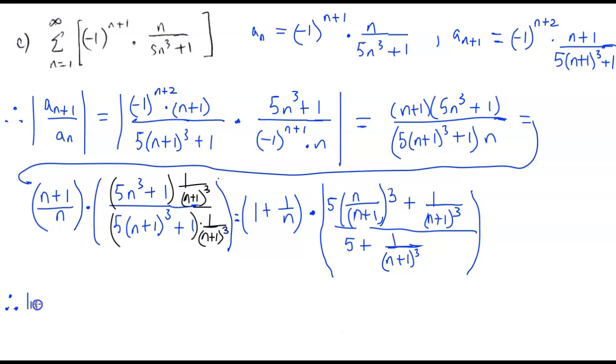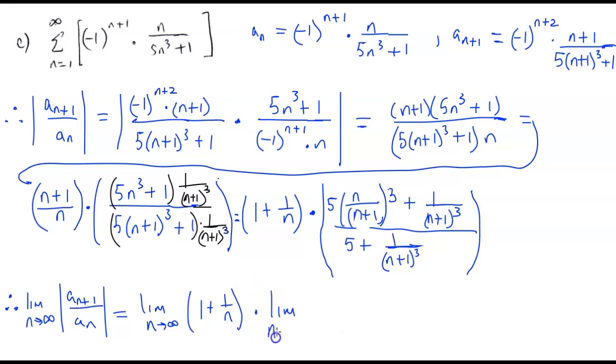So therefore we have the limit as n approaches infinity of the absolute value of a sub n plus 1 divided by a sub n equals, and then it's just the limit as n approaches infinity of 1 plus 1 over n times the limit as n approaches infinity of all this business here.